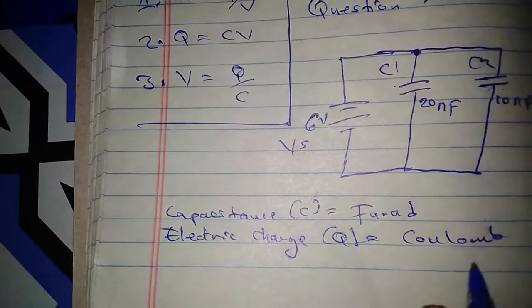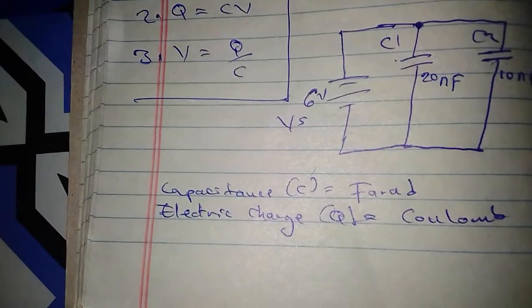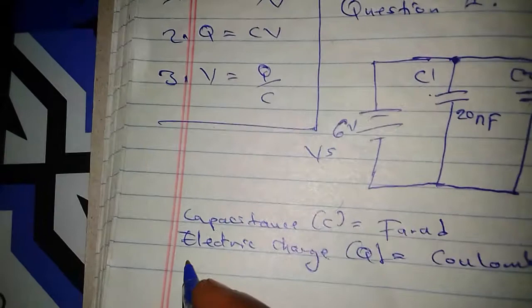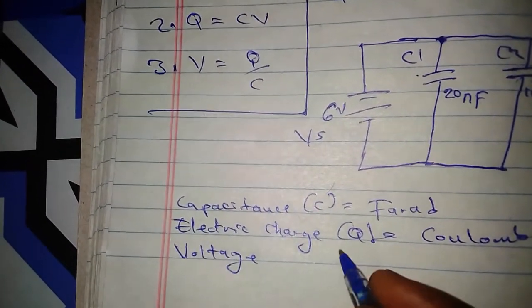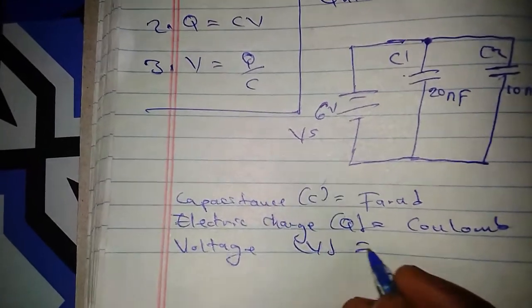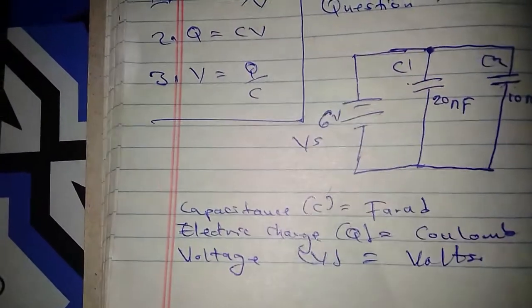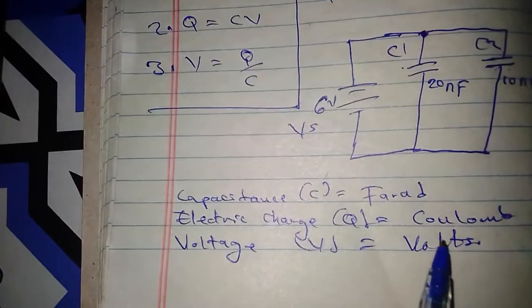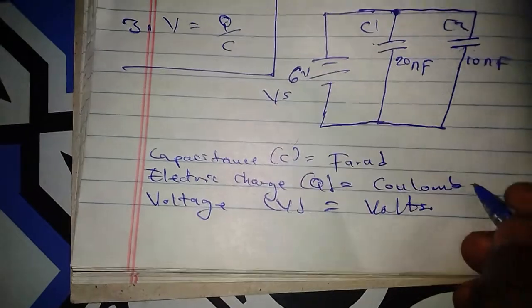So if it is 1, it is 1 coulomb. If it is 2, it is 2 coulombs. Voltage V is measured in what? Volts. So if it is 1, it is 1 volt. If it is 2, it is 2 volts, in that order.